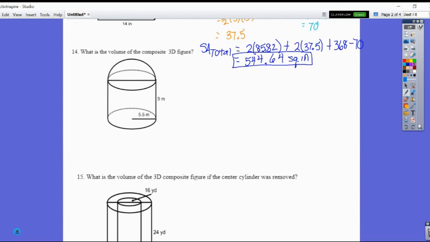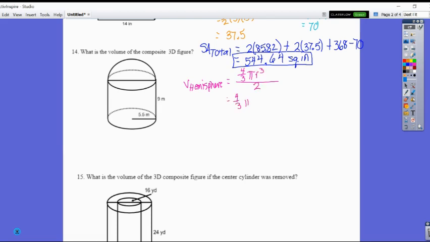Now, 14 then wants us to go ahead with the volume of the composite figure. So to find the volume for this, I'm going to need to do the volume of the hemisphere that we have on top. So that's going to be the volume of a sphere, 4/3 pi r to the third gets divided by 2.